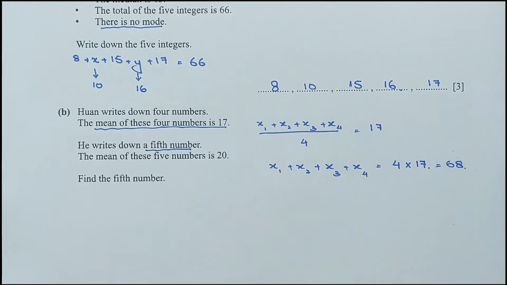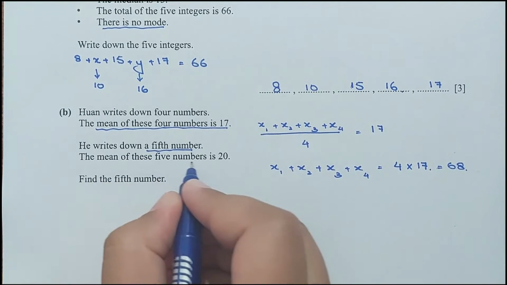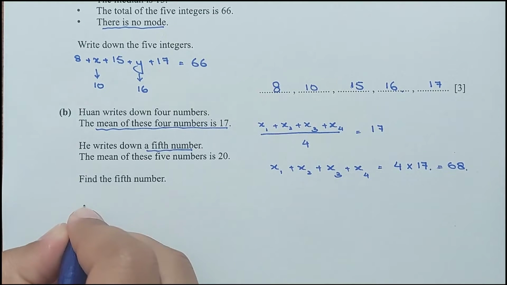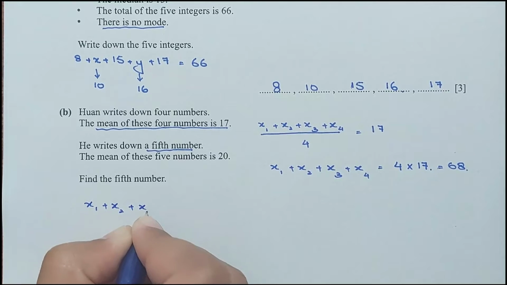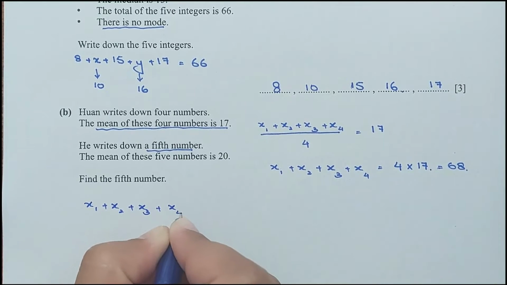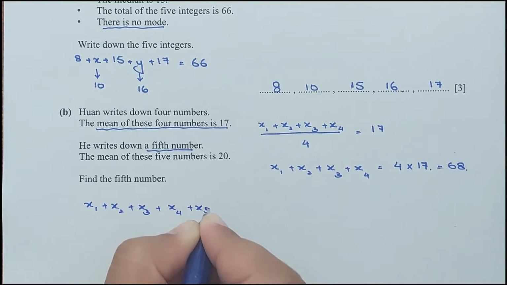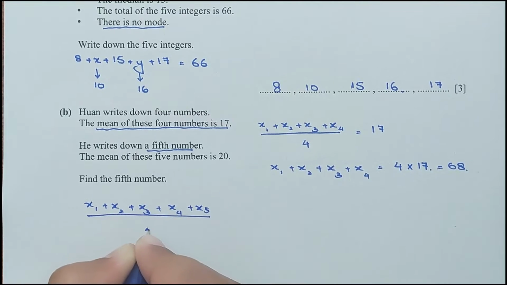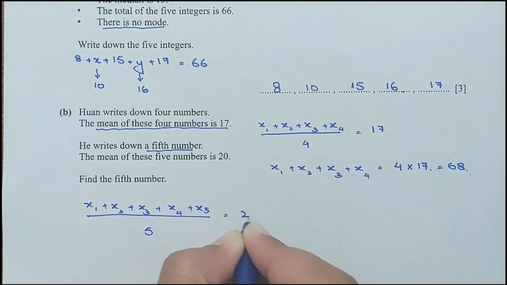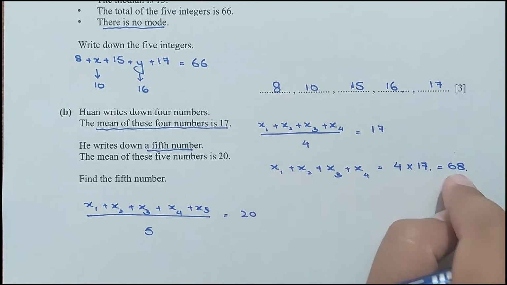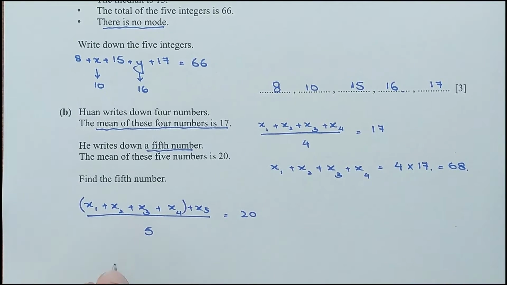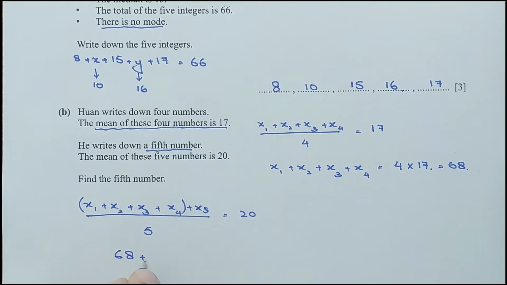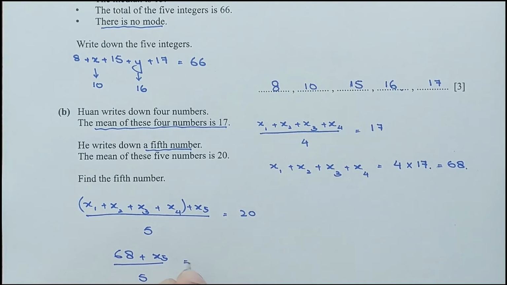Now the fifth number is added. The mean of these five numbers is 20. The five numbers are x1, x2, x3, x4 and x5, divided by 5, equals 20. We know that the sum of the first four is 68, so let me substitute: 68 plus x5 over 5 equals 20.